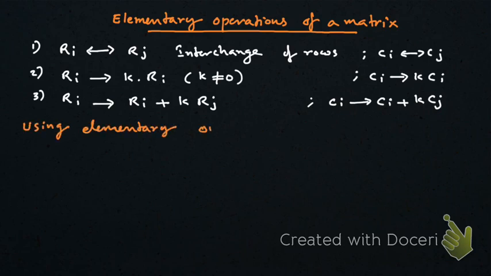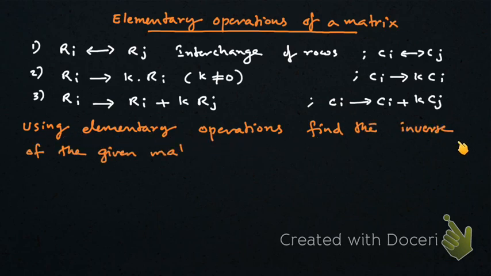So we're going to do some application questions. The question says, using elementary operations, find the inverse of the given matrix. Sometimes they will specifically tell what kind of elementary operation they are looking for.